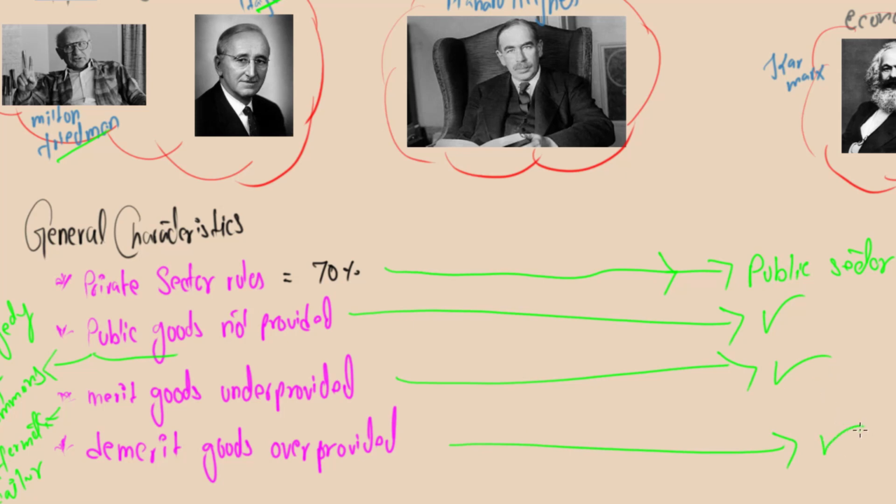Now, why is that? Because in a market economy, the private sector has most of the control. As a result, the private sector's main ambition is to make profit. So it will always behave in a way that allows it to make as high a profit as possible. Profit is the main underlying factor of a market economy.